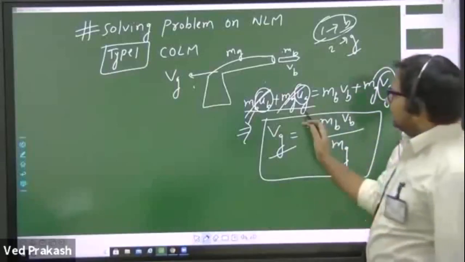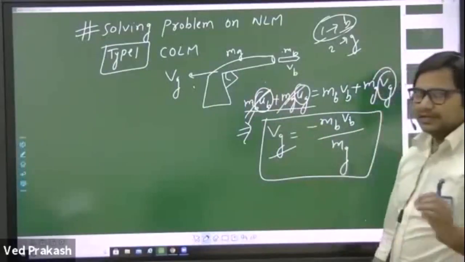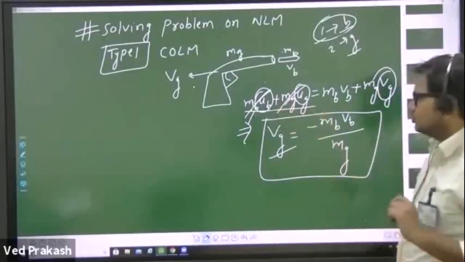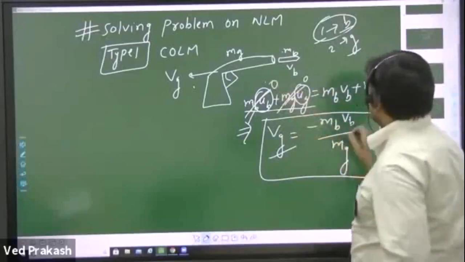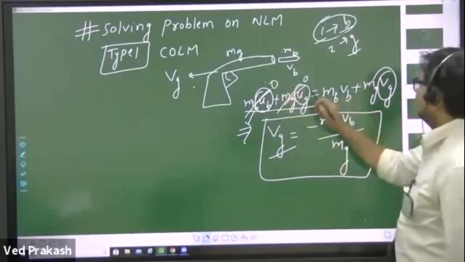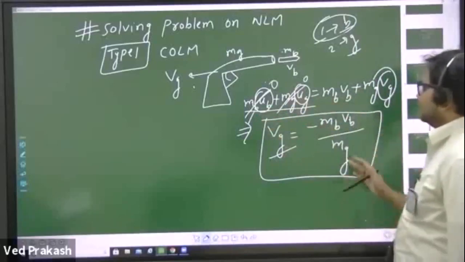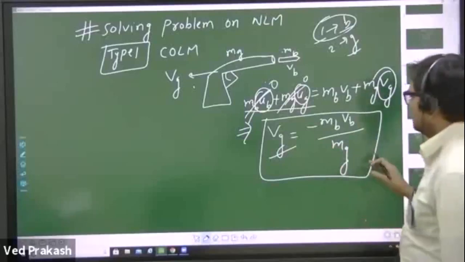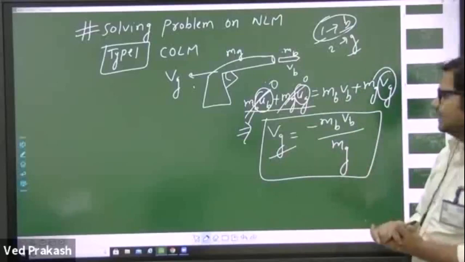As we know, the gun and bullet are initially at rest before firing, so ub and ug are going to be 0. If you solve this equation, you will get Vg equal to negative Mb Vb upon Mg. Out of these four quantities, three will be given in your numerical and you have to find the fourth one. So you can solve this kind of numerical very easily.